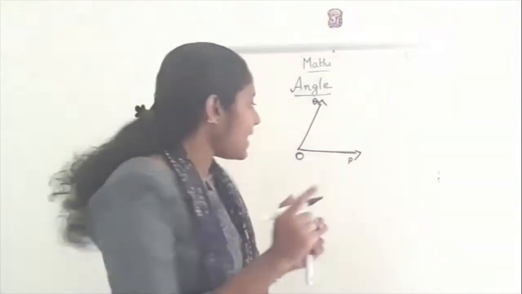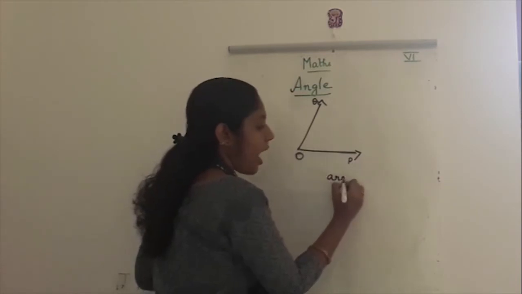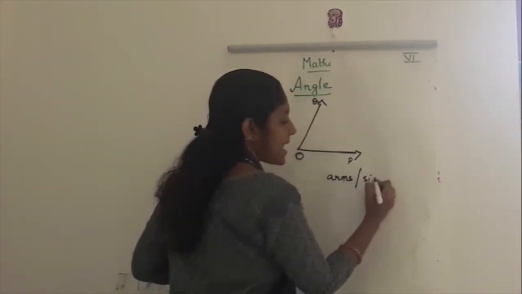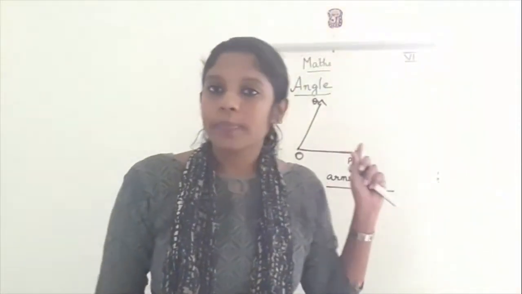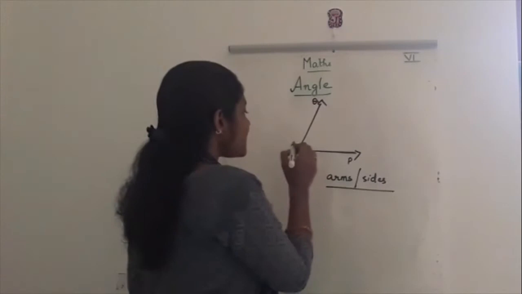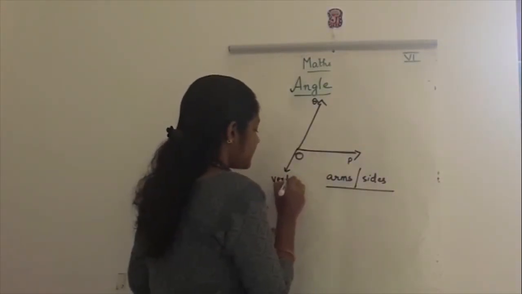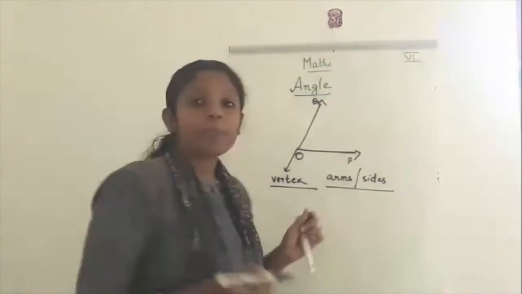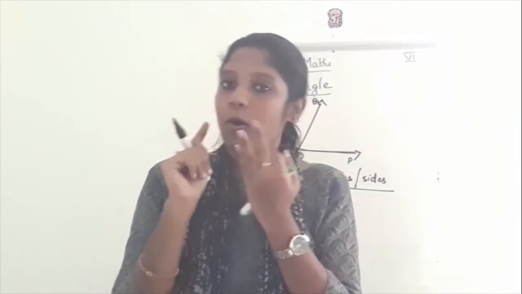An angle has two rays, and these rays are called arms or sides. The common point is called the vertex.